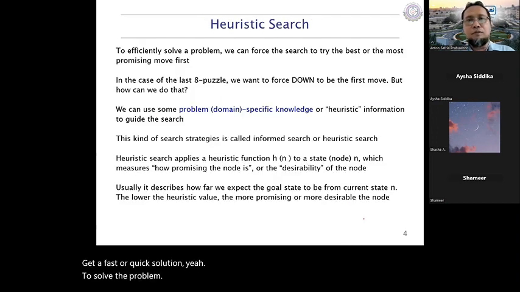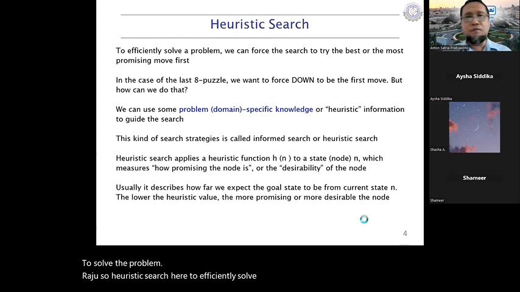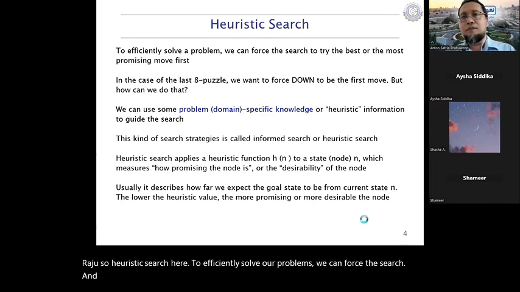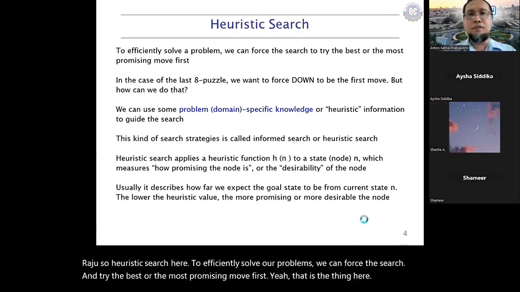So heuristic search efficiently solves a problem: we can force the search to try the best or the most promising move first.